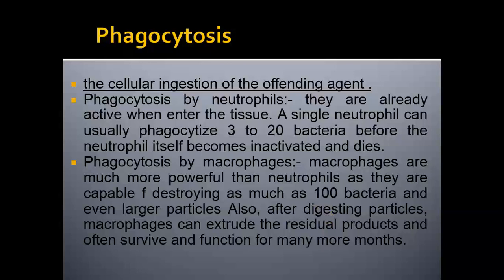Furthermore, after the digestion of the particles, the macrophages can extrude the residual products and survive and perform their function for many more months. So they are more potent and they can live for a longer time, performing more and more function than the neutrophil.